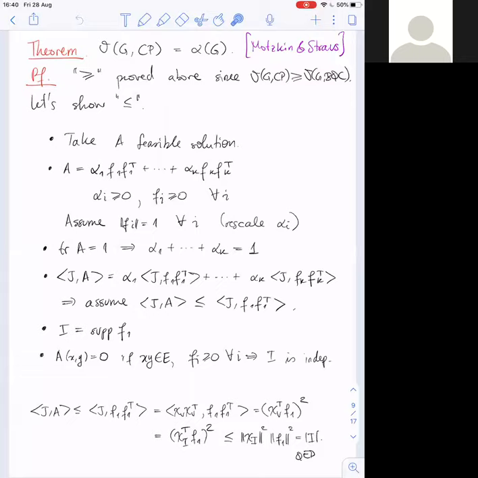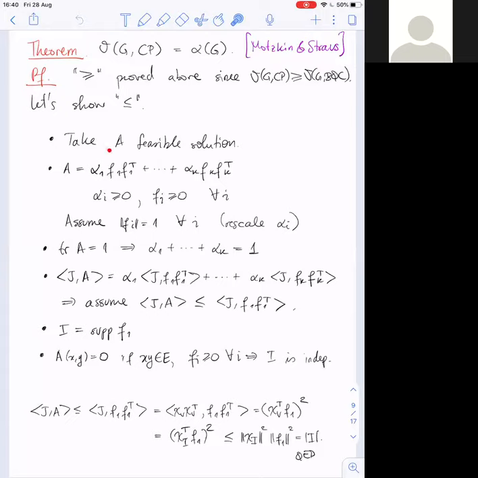And then it was more recently translated by Etienne de Klerk and Dima Pasechnik into this setting. So we already showed this direction of the inequality, that this is greater or equal than alpha. So let's show the other direction. And you are going to see it's a very short proof that doesn't have anything really complicated.